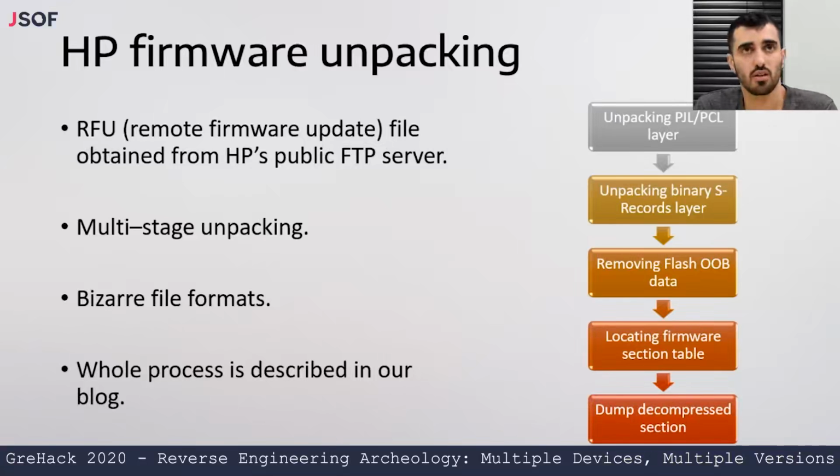We obtained an RFU file, which is a remote firmware update file, in a highly packed and highly compressed format. It requires multi-stage unpacking, and the file formats were relatively bizarre. The whole process is described in our four-part blog post.